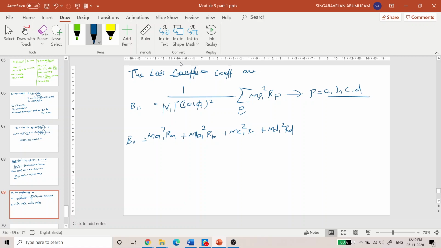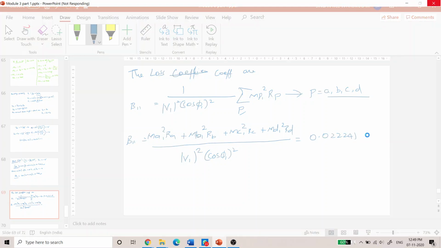Because we know there are 4 branches, the summation will go 4 times, and all these values we derived in the previous slides. The rest will be V1 whole square and cos phi 1 whole square. If you substitute all this, I will get 0.0224 per unit.